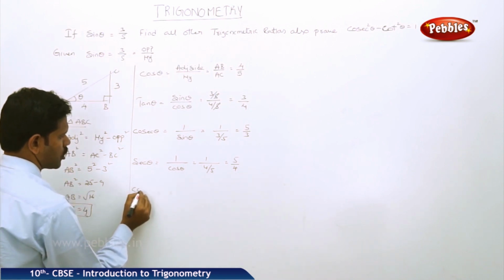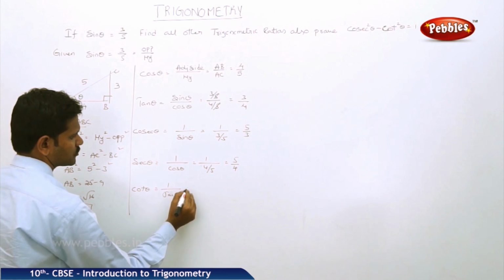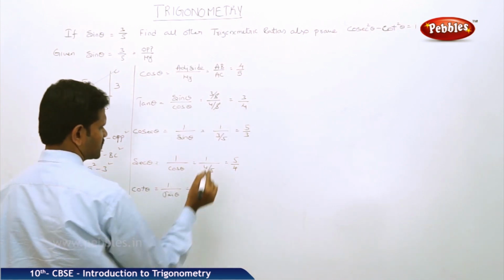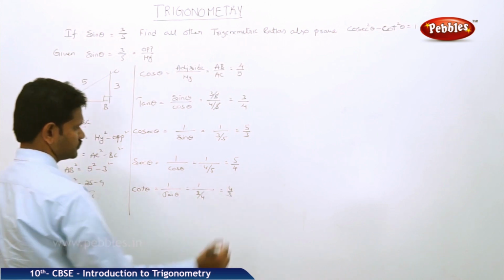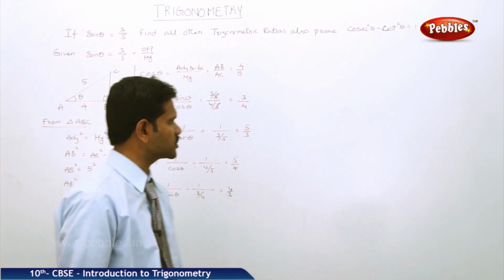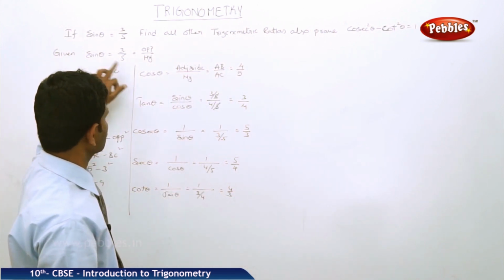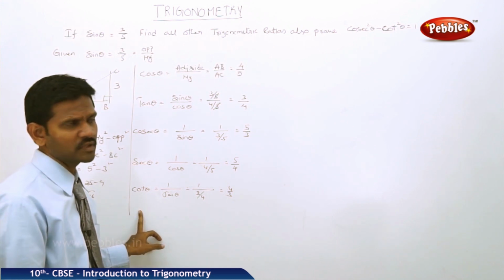Now, cot theta is equal to 1 by tan theta, that is 1 by 3 by 4, the reciprocal, 4 by 3. Now I am ready with all 6 trigonometric ratio values: sin, cos, tan, cosecant, secant and cot.